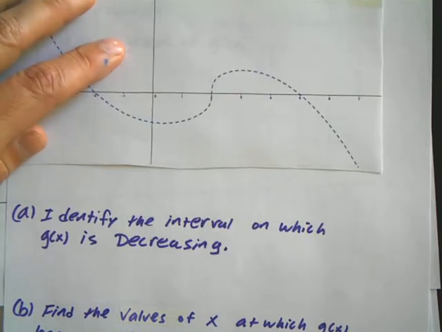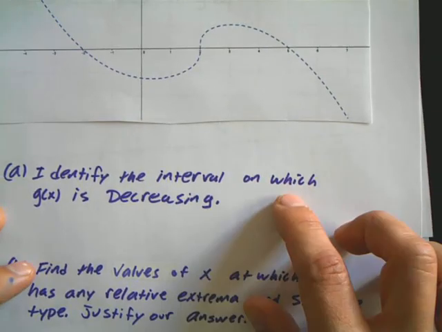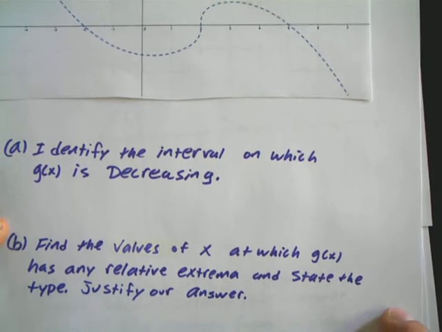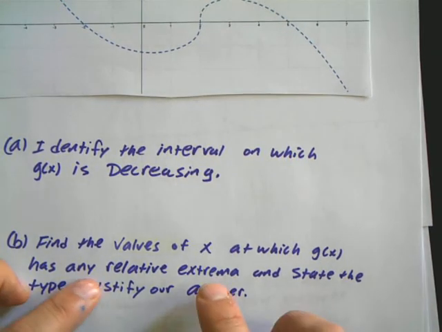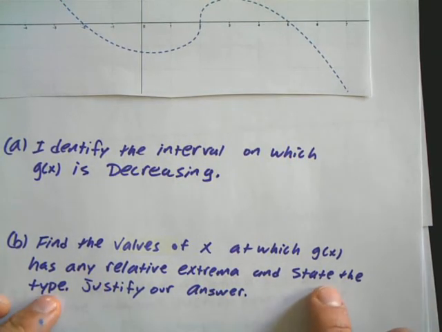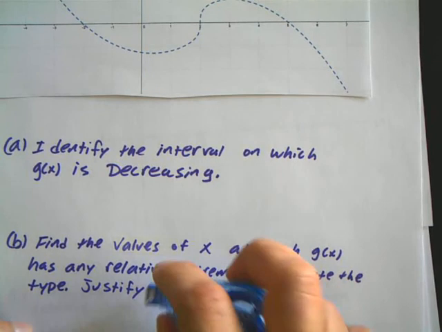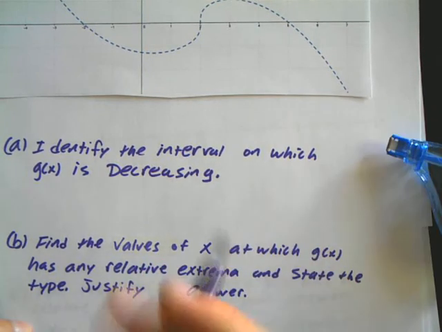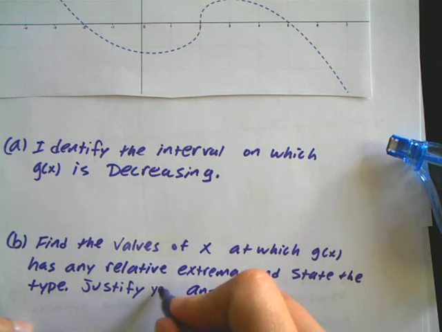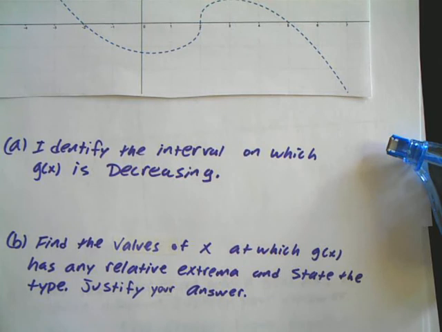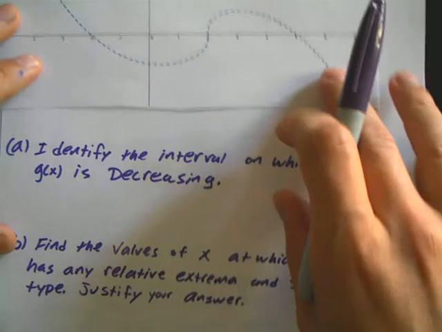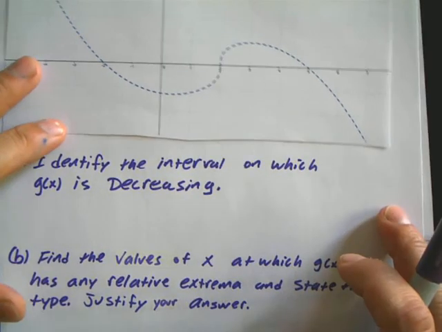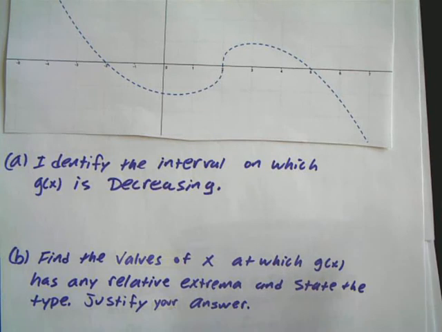You're going to first identify where the function is decreasing, and then find the x values at which there's any relative extrema, and then state the type and justify your answer. Pause it and try these problems yourself. I'll go over the answer now.